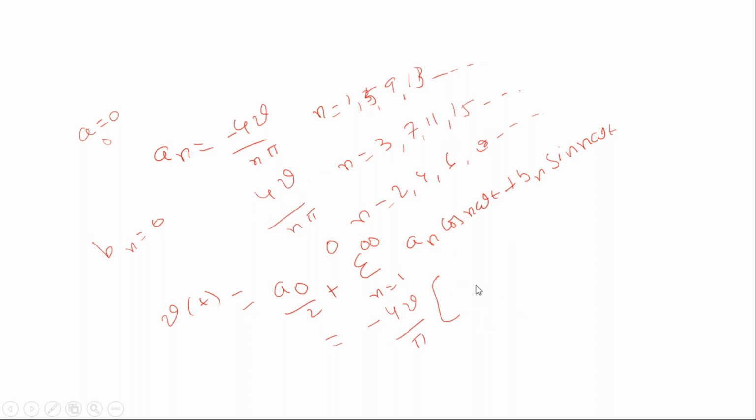So since I'm taking minus outside, I can write it as minus 4V by pi, which is [cos omega t minus 1 by 3 cos 3 omega t plus 1 by 5 cos 5 omega t minus 1 by 7 cos 7 omega t plus] so on, like this you are going to get.